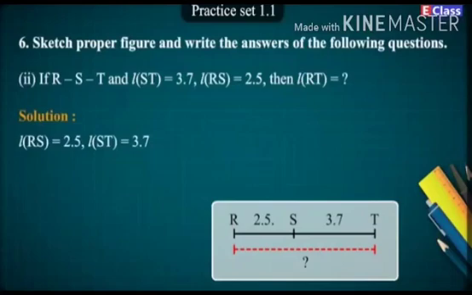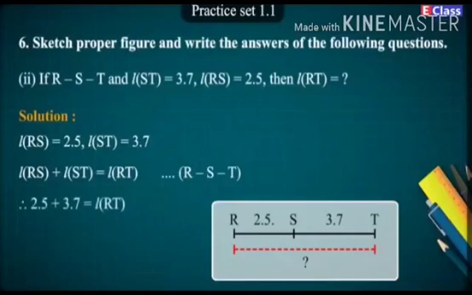Length of ST is equal to 3.7. Length of RS plus length of ST is equal to length of RT, since R, S and T are collinear. Therefore, 2.5 plus 3.7 is equal to length of RT. Answer: length of RT is equal to 6.2.